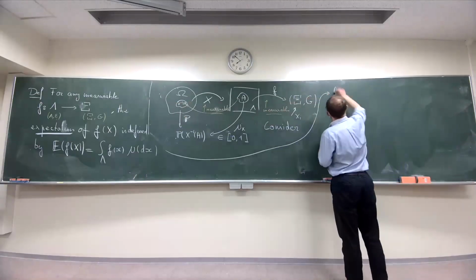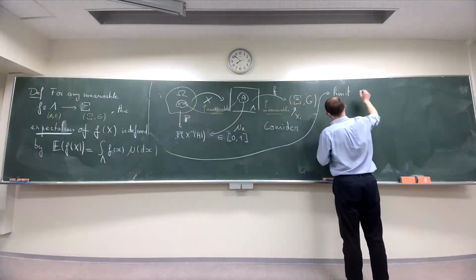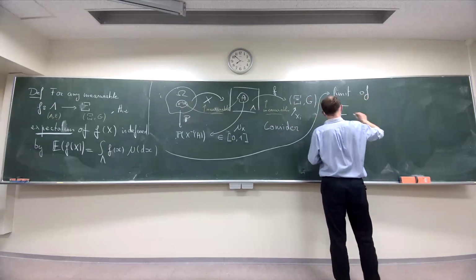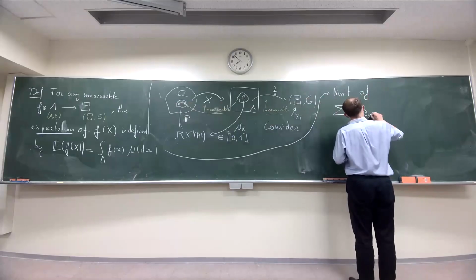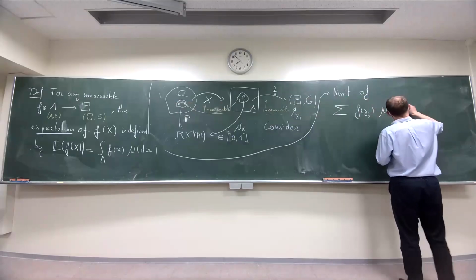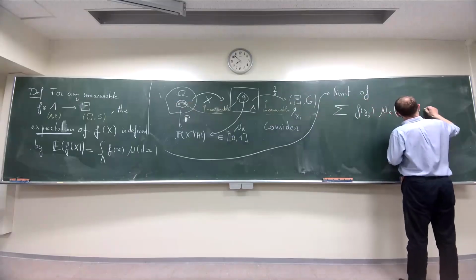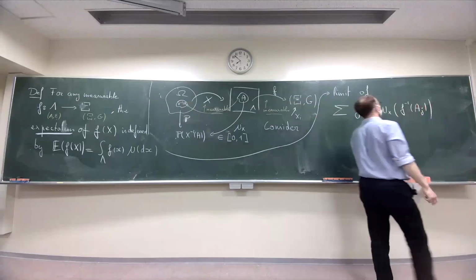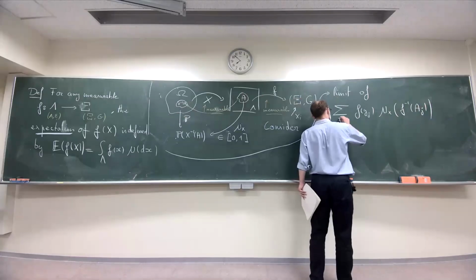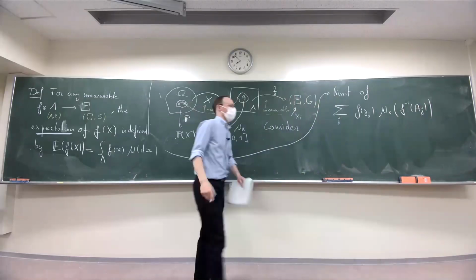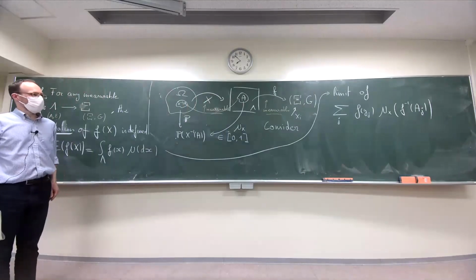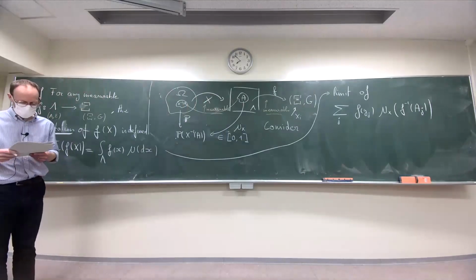This is a limit of a finite sum of f of yj times mu X of... I'm not sure it helps, but let's look, and we are going to do a picture of this.